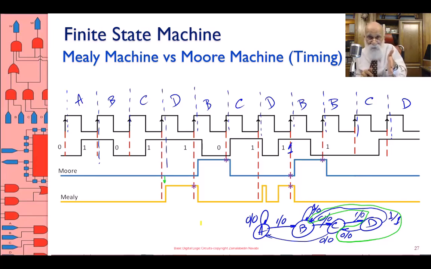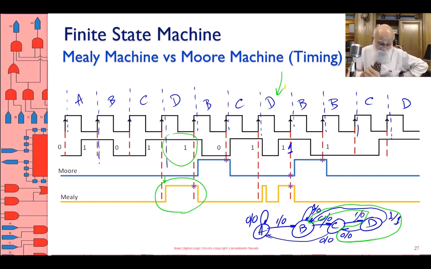When do you get out of state D? When the clock arrives a little bit after that, and therefore clear through the next edge of the clock, you stay in state D, and therefore your output in Mealy for this part follows this input. Then you come into this other D state. As soon as you come into the D state, your input is 1.